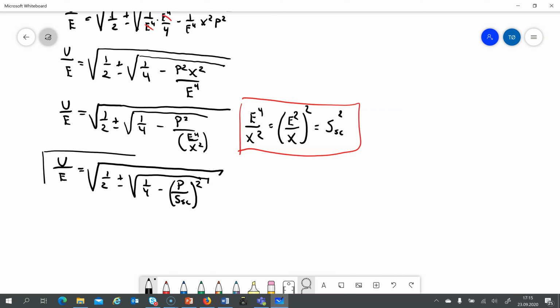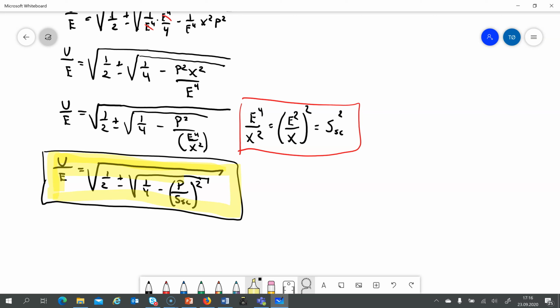This is without reactive power in it. So this is the nose curve expression represented by the active power divided by the short circuit ratio. Here you can see.